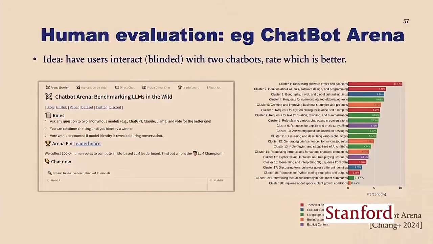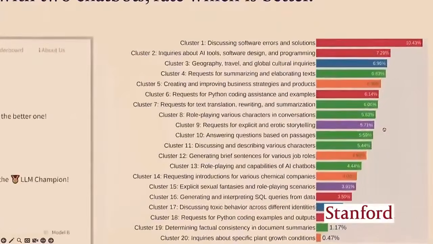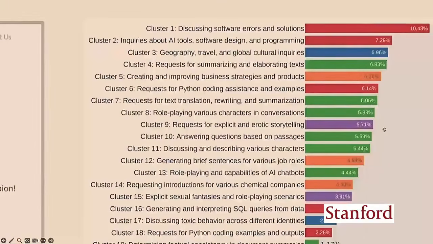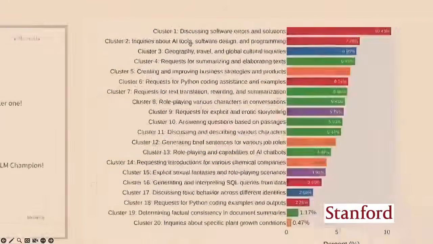You do that over hundreds of thousands of users, and then you get the actual preferences and you get rankings of models. You can go right now on Chatbot Arena and actually interact with these models. One potential issue, just to highlight, is that people who want to do these types of things are usually more tech-savvy, so a lot of the questions you will see are tech stuff, discussing software errors, inquiries about AI tools, and all of these things.